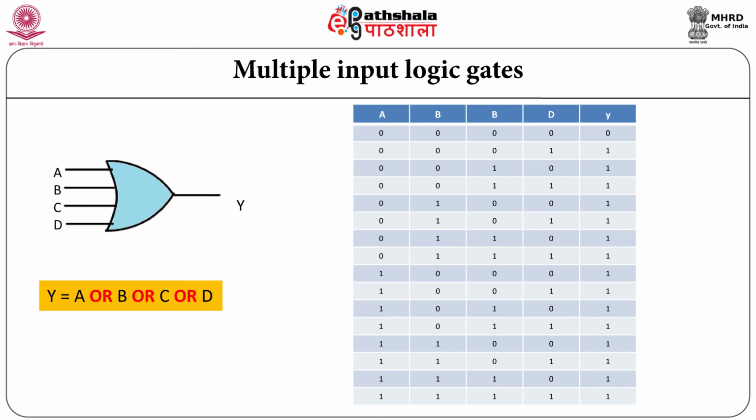With 4 inputs, the number of possible combinations at the input would be 2 to the power 4, that is 16 possible combinations of zeros and ones at the input. In case of this OR gate, the output Y is at logic 1 if any one of the inputs or all inputs are at logic 1, else the output is at logic 0.